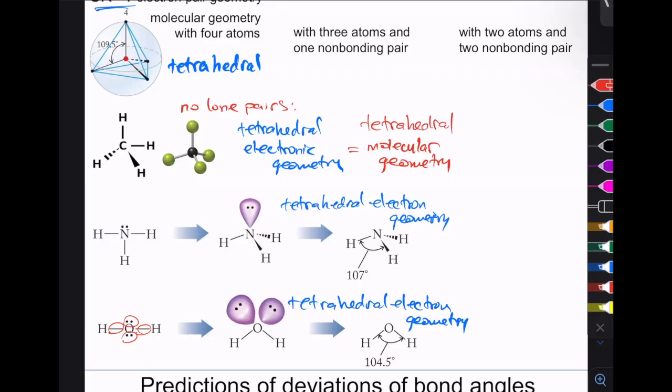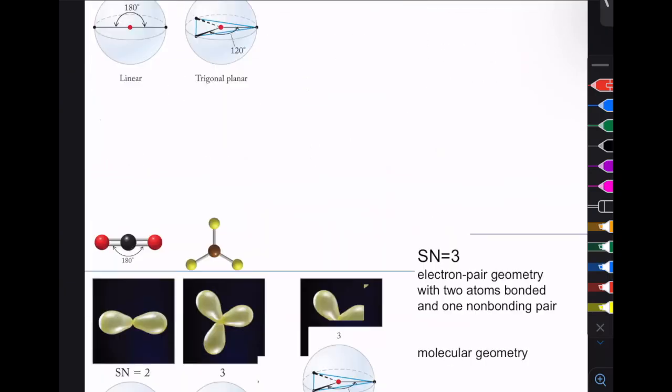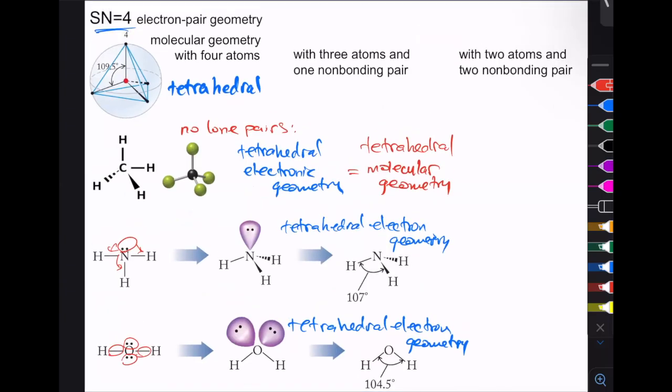Now, I already went through the process with you on ammonia. There's a lone pair here, so it's going to be pushing these 3 bonds out of what the base geometry is. What's the base geometry if there's only three things attached? If there's only three packets? Trigonal, you have to look up here, trigonal planar. But this is no longer in a plane because it's not an SN of 3, it's an SN of 4. So this goes out of the plane and into what we call trigonal pyramid or trigonal pyramidal.